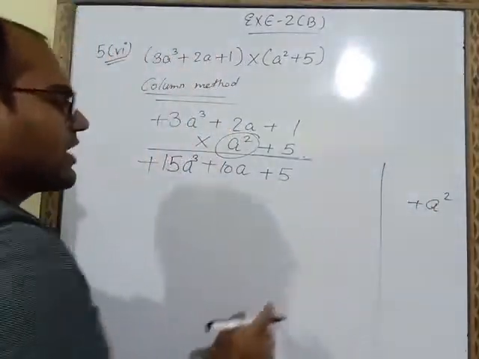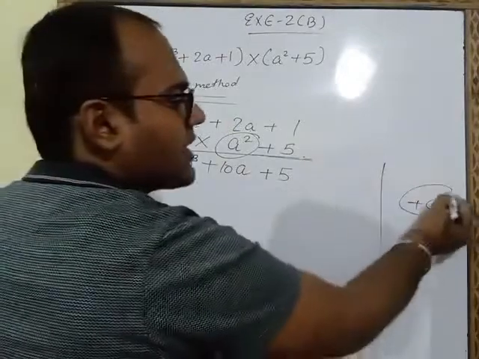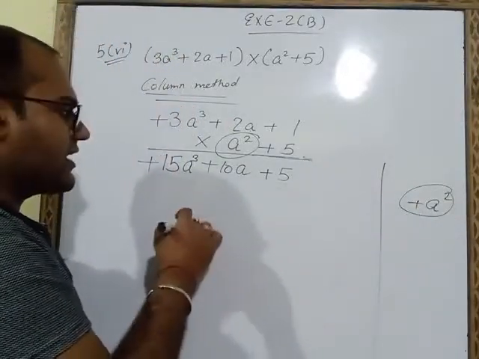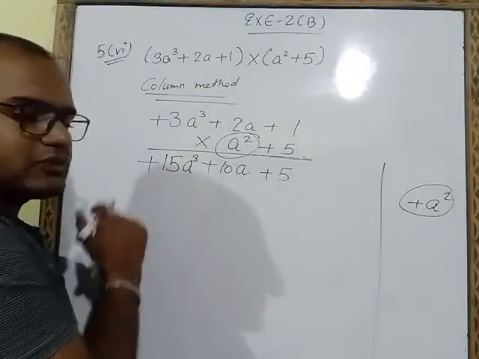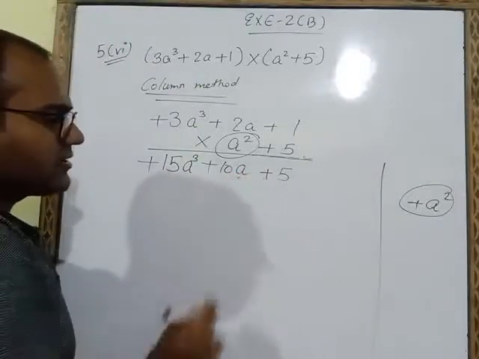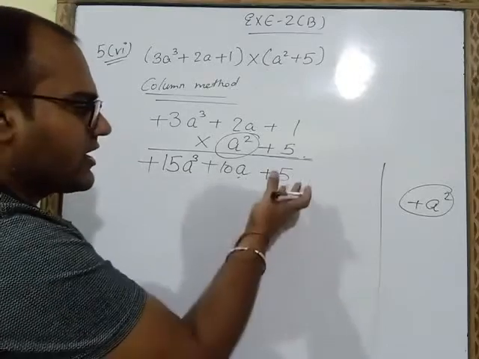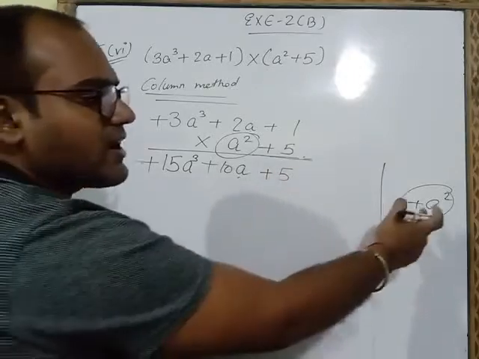So plus a square, and this plus a square you have to write under that term which is having a square. This is a cube. A square is not coming. Here a is not there. So where will we write this plus a square?